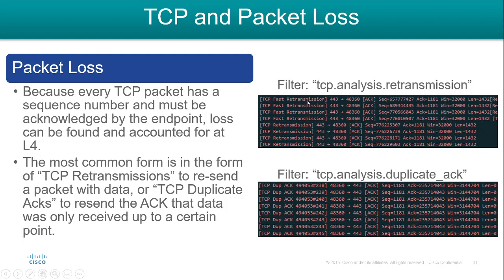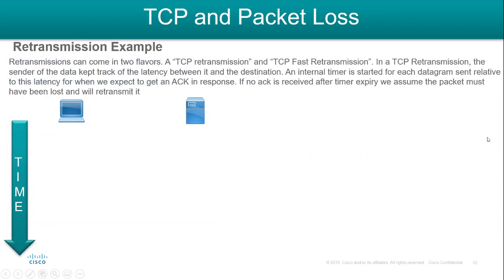We can see at the very top here I have some that are called TCP fast retransmission and some that are just called retransmission. Let's look at what a retransmission example looks like. Our client is going to start sending some sort of data packet. This will go to the server, and then the server will acknowledge it.